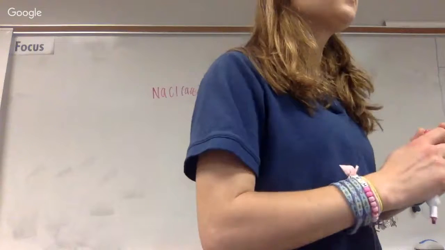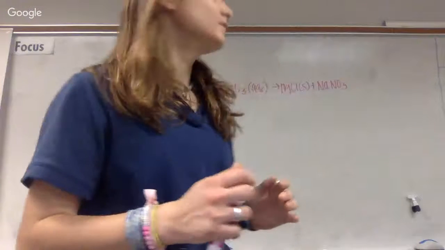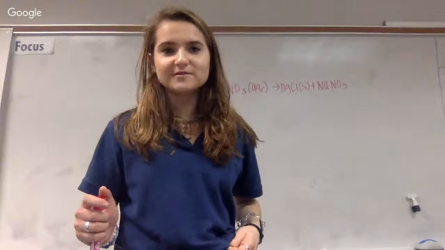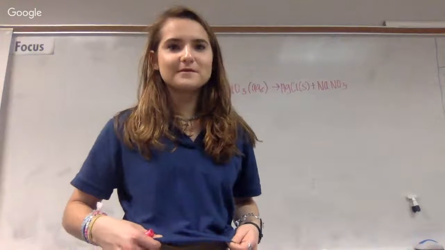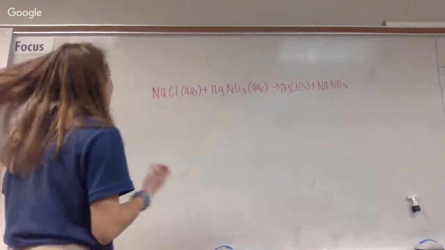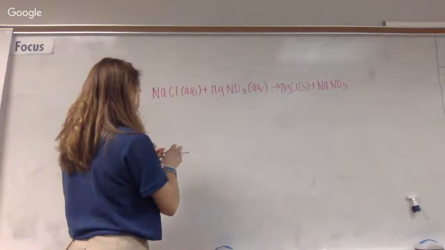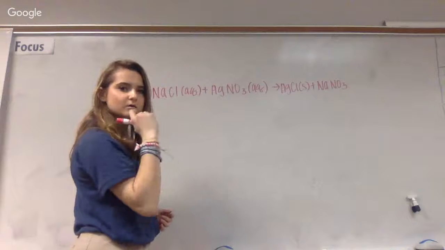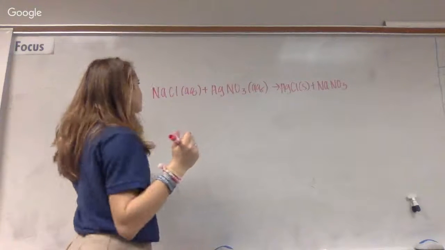Wait, what are we doing? Wait. So I wasn't here for the first part of your lesson. So okay, let's work together. Let's go to NaCl at the very beginning here. That AQ actually means that it's dissolved into its individual ions. So what are the two ions that are involved? Isn't it Na plus and Cl minus in NaCl? Yeah.